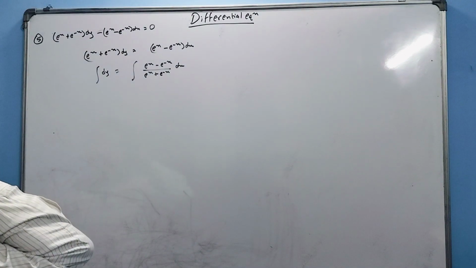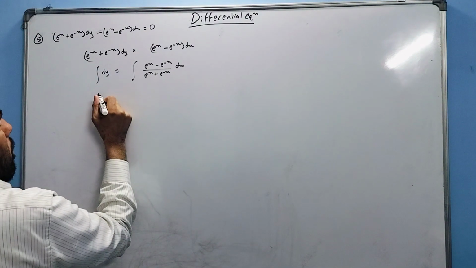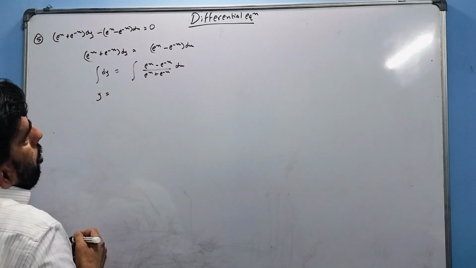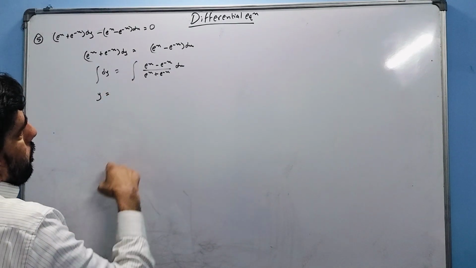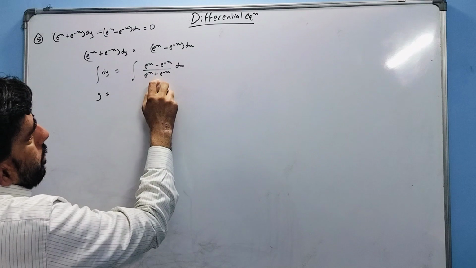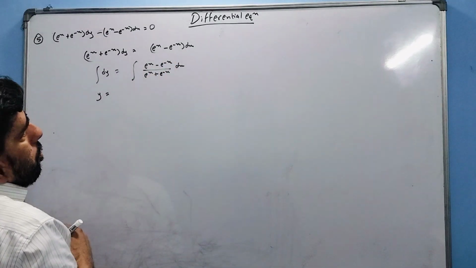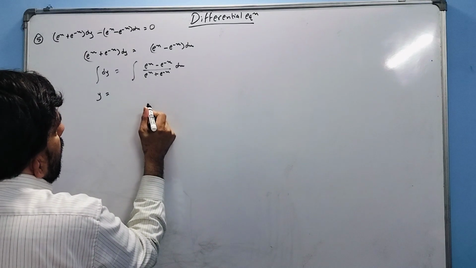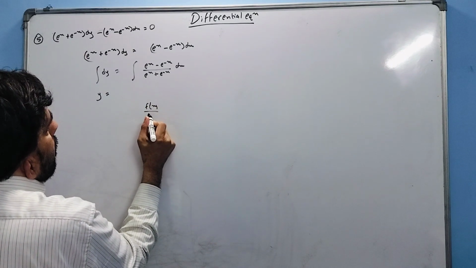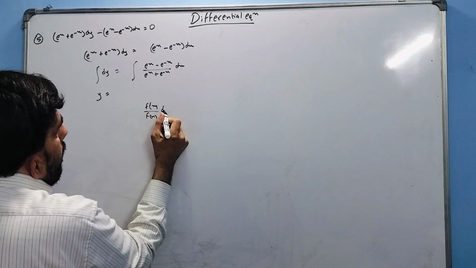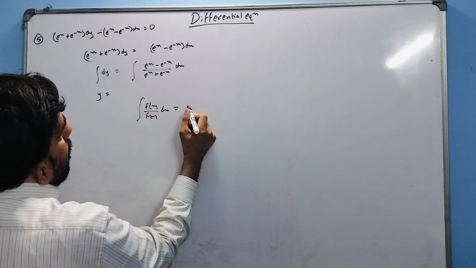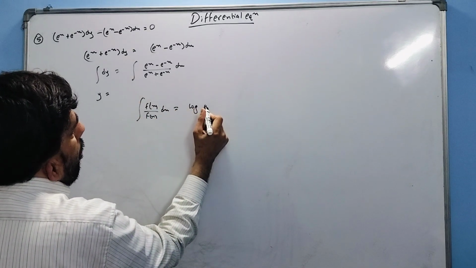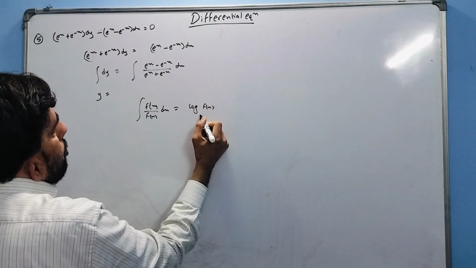It will be a very similar situation here. y is equal to, what we can do here is we can just differentiate this. So I will get this much. So if f dash x upon fx dx is given, here we can write log of fx.